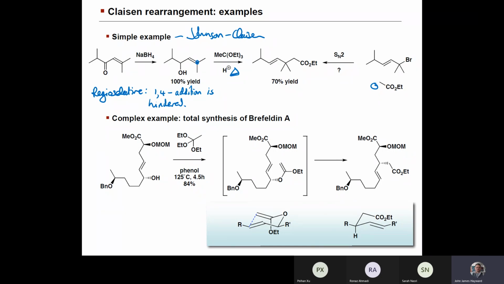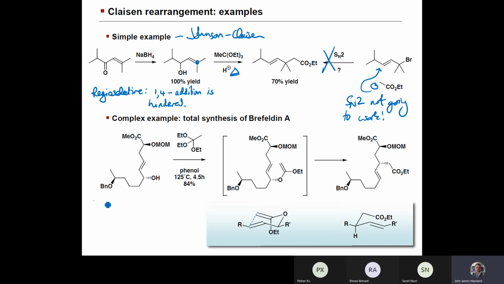We couldn't do an SN1 for sure. If we tried to do this reaction, it would attack here, so it would not give us our desired product. SN2, not going to work. Okay, so the Claisen reaction here gives us the ability to do this reaction that we would not be able to do otherwise.